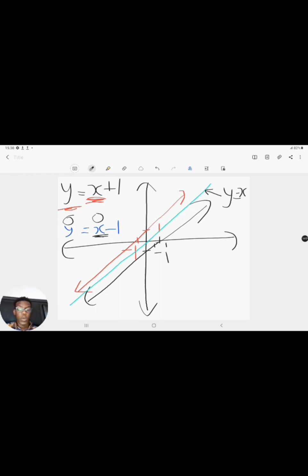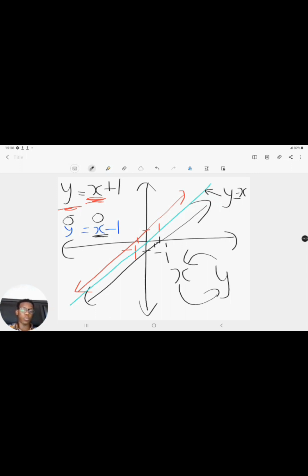Okay, and it so happens that when we find the inverse of functions, the inverse will be a mirror image of the function that we started off with, and the mirror will be this y is equal to x line. Now, why is the mirror this y is equal to x line? Remember how we go about finding the inverse of a function. What we do is we interchange the x and the y. Where we have x, we put in y.